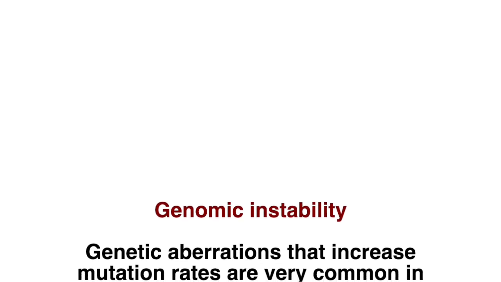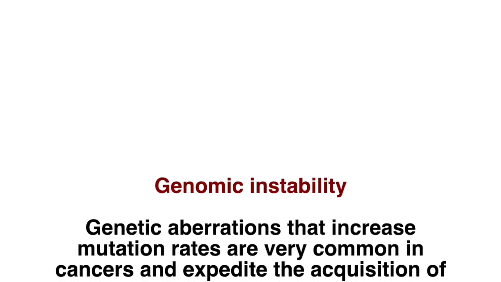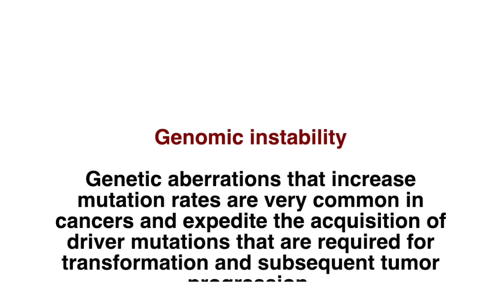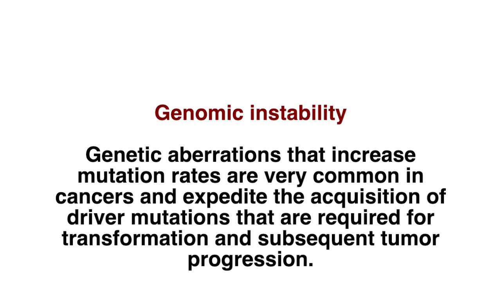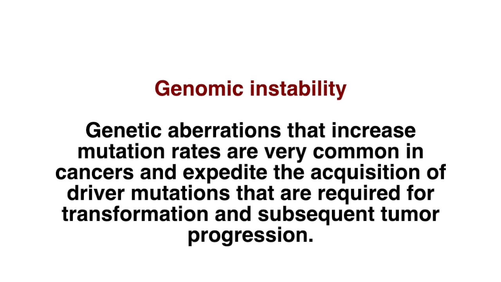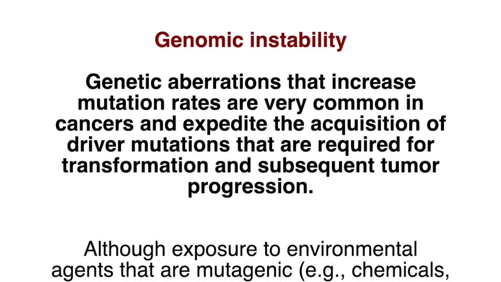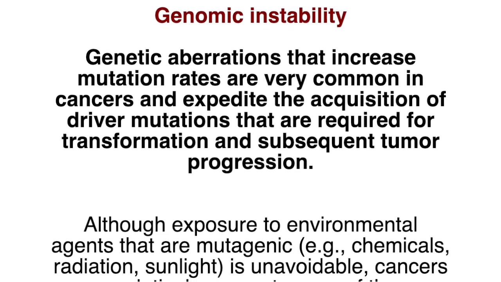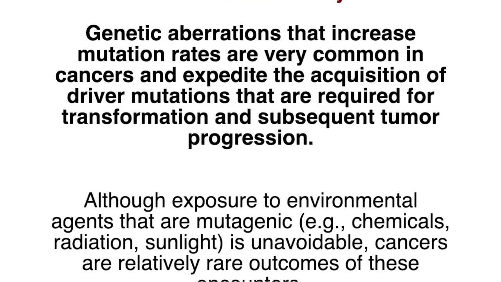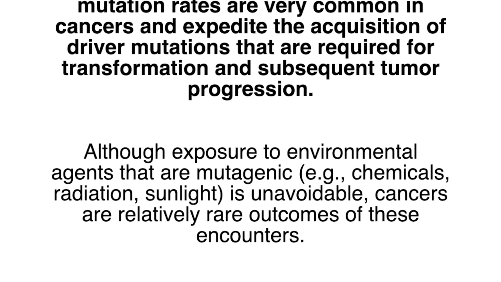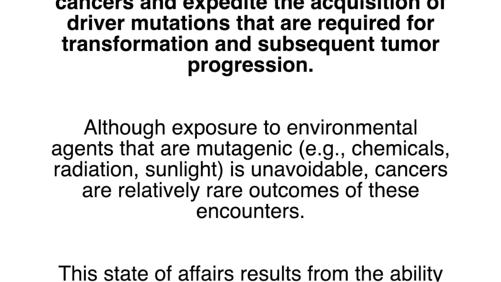Genomic instability. Genetic aberrations that increase mutation rates are very common in cancers and expedite the acquisition of driver mutations that are required for transformation and subsequent tumor progression. Although exposure to environmental agents that are mutagenic, for example chemicals, radiation, sunlight, is unavoidable, cancers are relatively rare outcomes of these encounters.